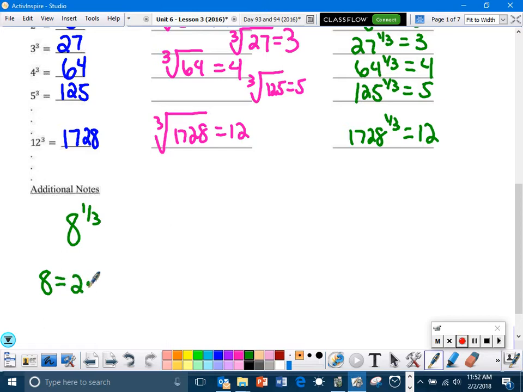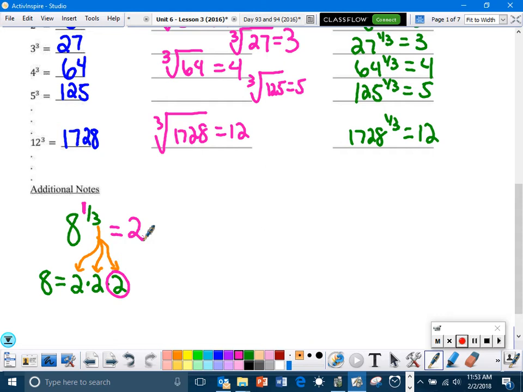Well, it's 2 times 2 times 2. So again, this 3, the denominator, is telling us there are 3 factors that give us 8. And it's 2 times 2 times 2. It's the same one. And the top number, the numerator, tells us how many of them we want. We only want one of the 3. So that's why the answer is 2.